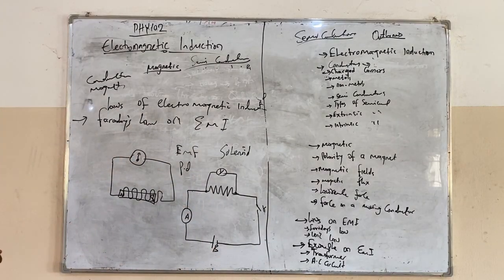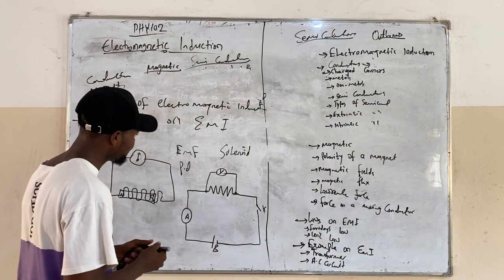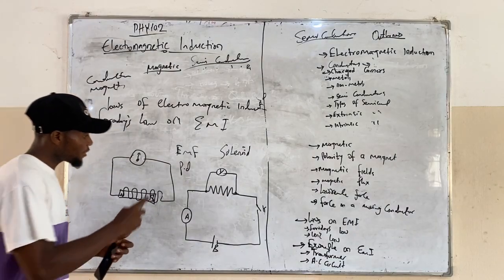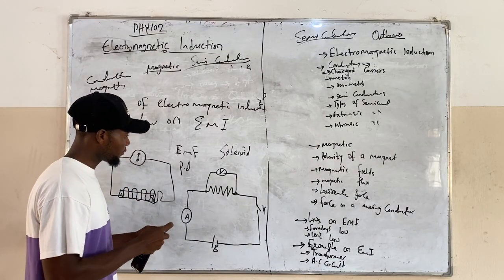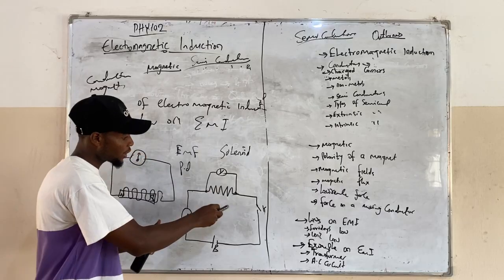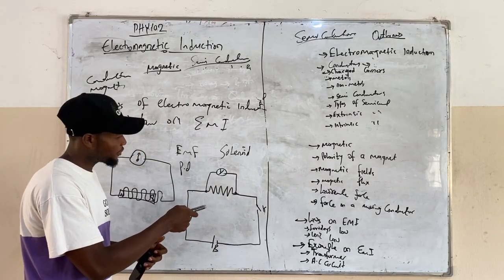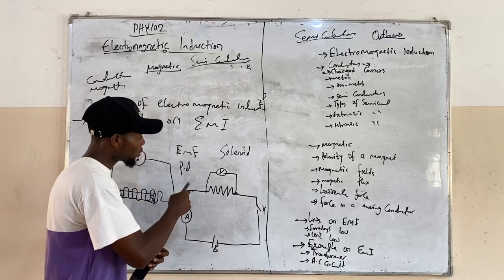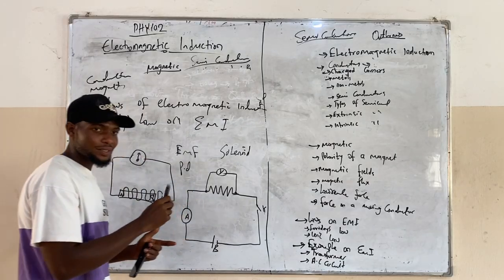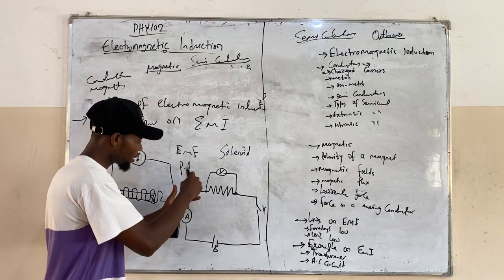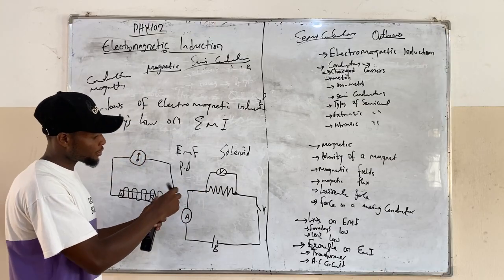So the difference between EMF and potential difference is that if you want to measure EMF, it is when the key is actually open. There's no current flowing through this very circuit. That's EMF for you. When you are asked to calculate the EMF, the whole arrangement here is static.